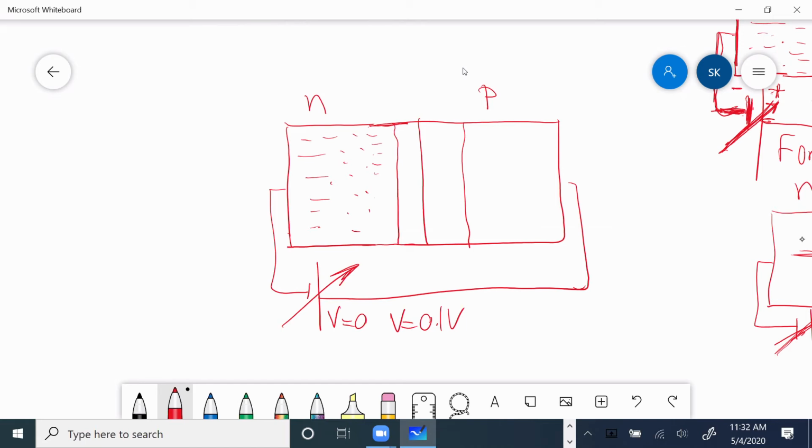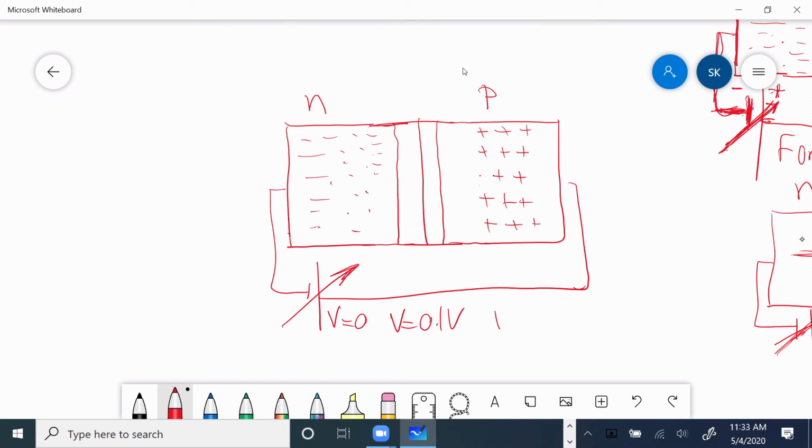The same argument exists because these were holes, positive charge. As I am applying this 0.1 volt, obviously 0.1 volt here, 0.1 volt there. So now this side, the depletion region gets narrower.